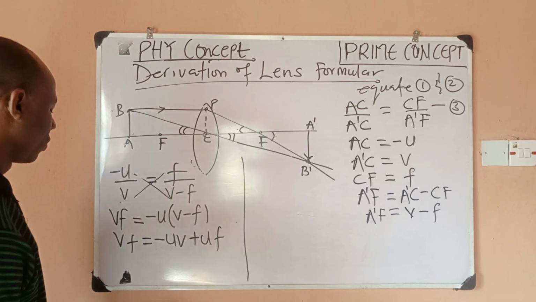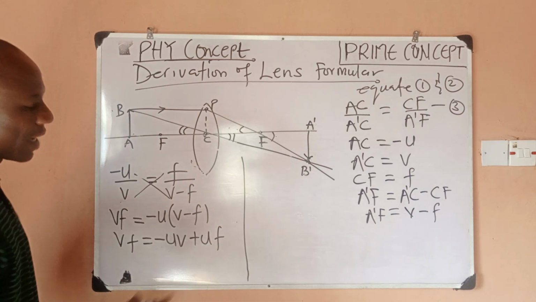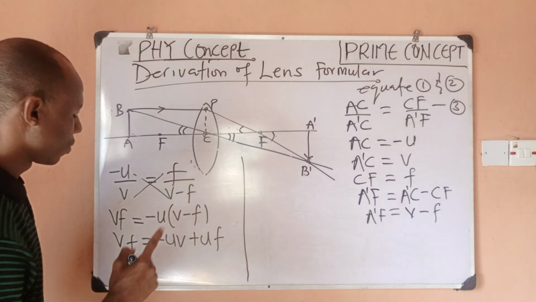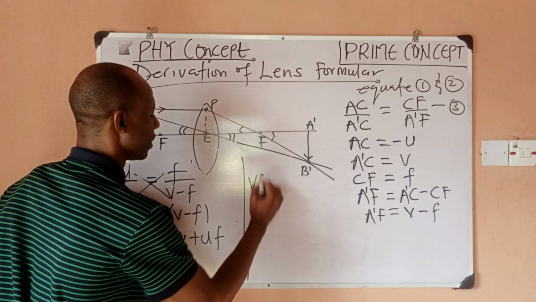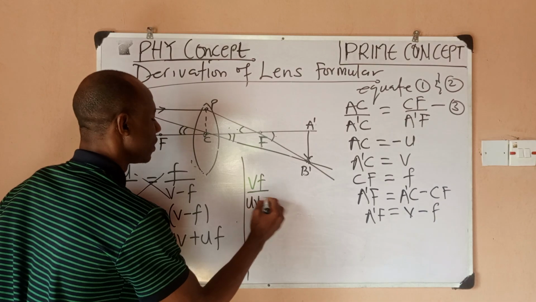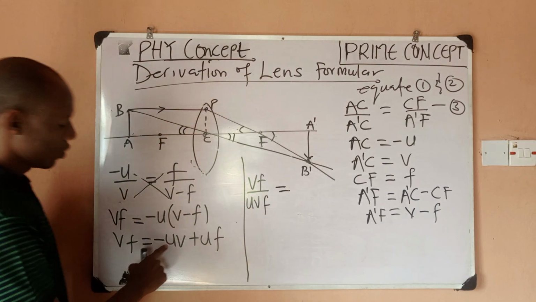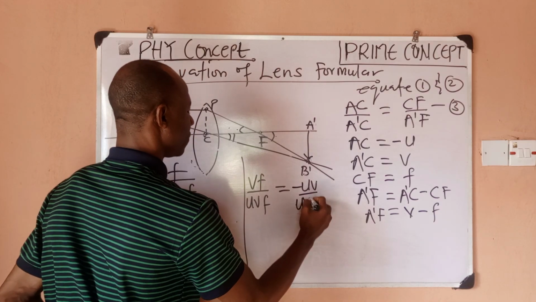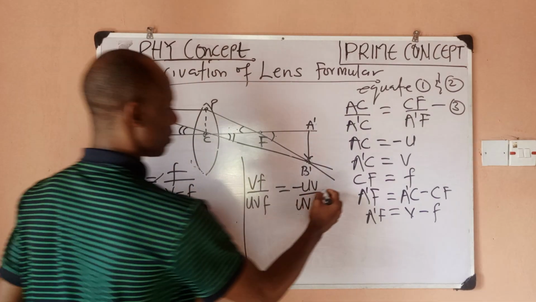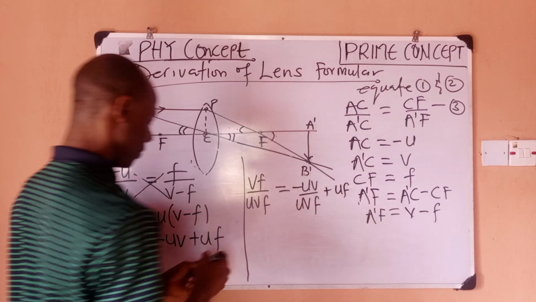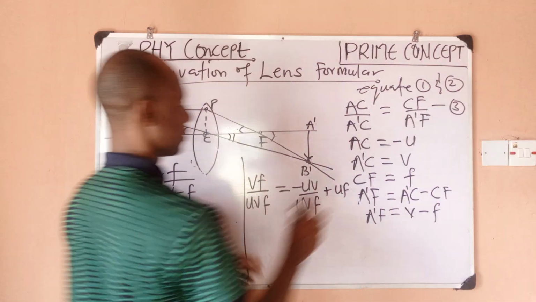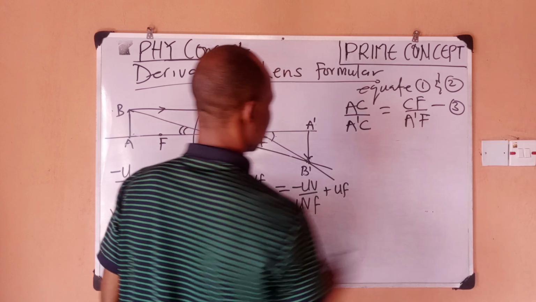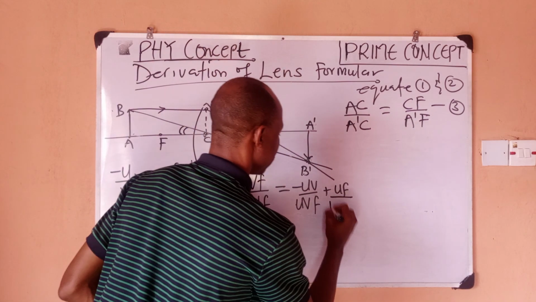Now, I'm going to divide all through this equation by UVF. If I do that, I'll have VF divided by UVF equals minus UV divided by UVF, then plus UF divided by UVF.